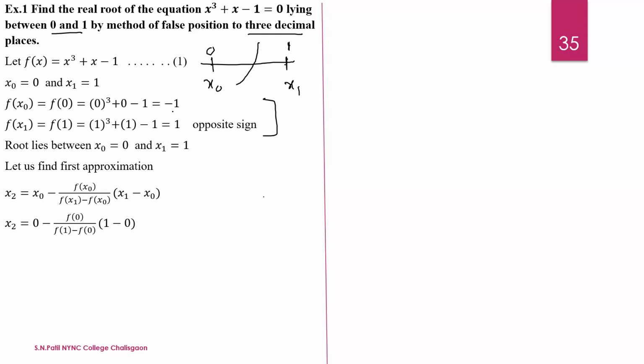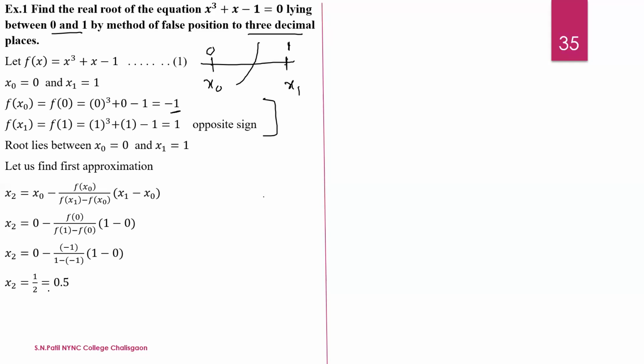The value of f of 0 is -1, substitute the -1. The value of f of 1 is 1, f of 0 is -1. Now simplify. Here minus plus, that is 1 plus 1, that is 2, so plus 1 by 2, that is x2 is 0.5. That is the first approximation.